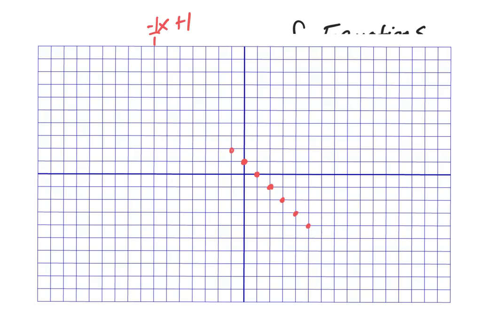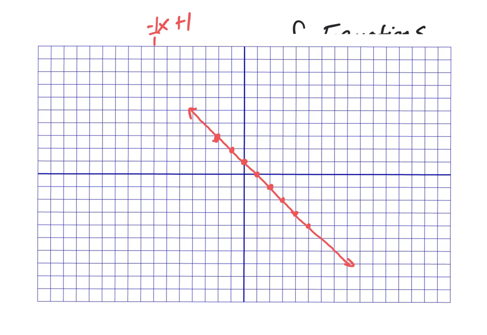We could also go up 1 and left 1. And you might say, well, why am I putting all those points on there? Well, we don't know where the other line's going to be yet. We haven't graphed the other line yet. And so I would say do enough points so that we can determine where these are going to cross. Then we're going to connect all our points together. And there's our first line.